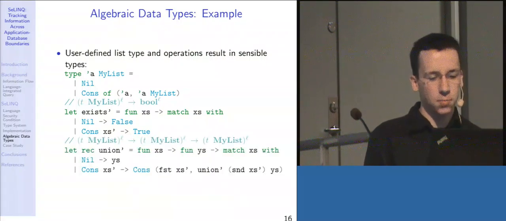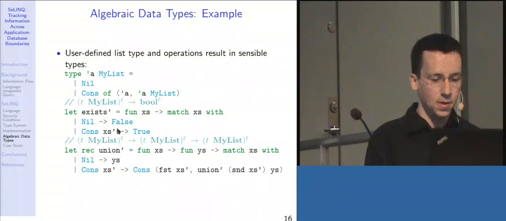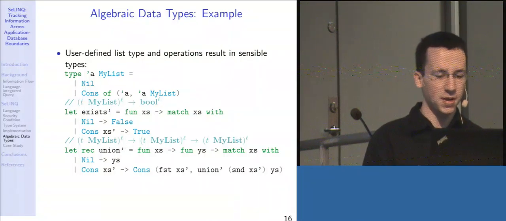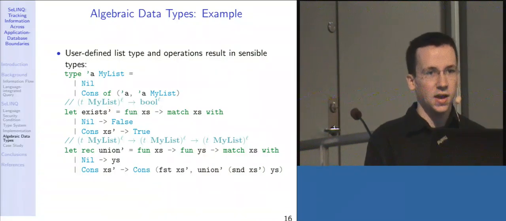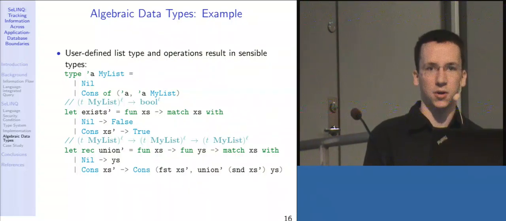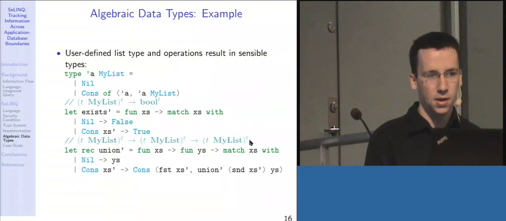And you can do slightly more complex things as well. You could have a union, a list appending operator. And then you also get out a reasonable type. You take in two lists for some element type T and some level L, and then you get out a list of the same type. And now you might wonder that this is not exactly the same type that we had in the typing rule before. There we had two different levels, and here we formed a join.